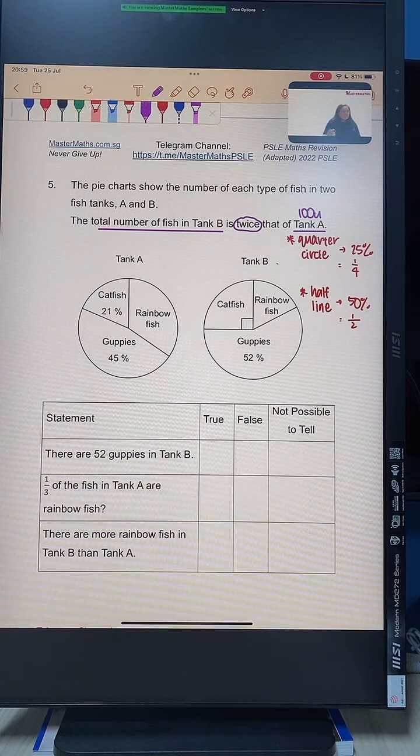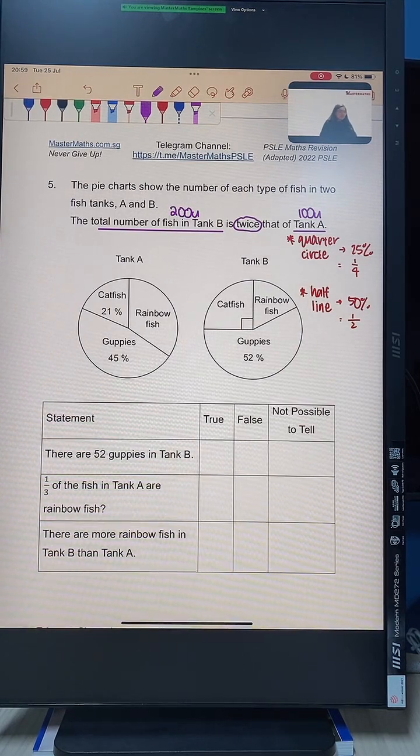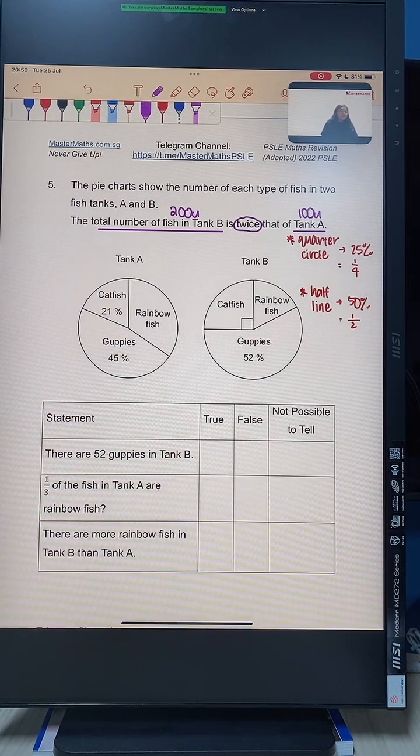So we call it 100 units, and B will get 200 units. We don't know how many, we just call it 100 units and 200 units. Because it's in percentage, that's why I use 100.